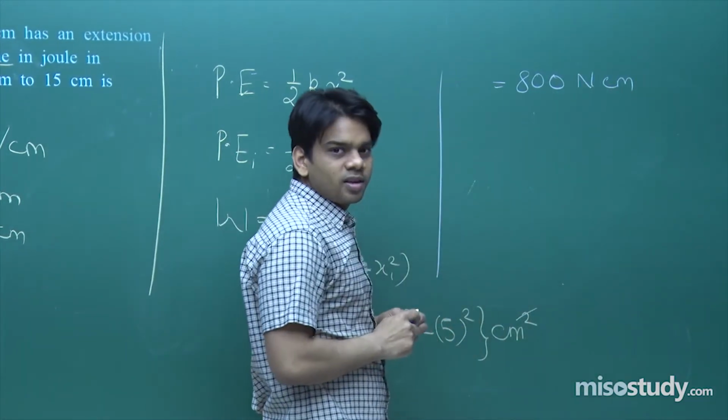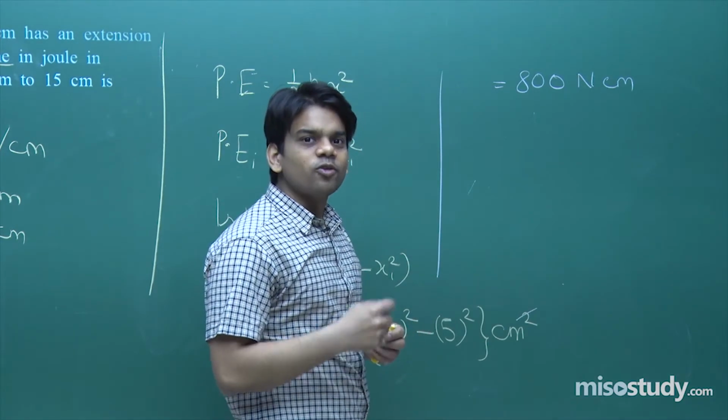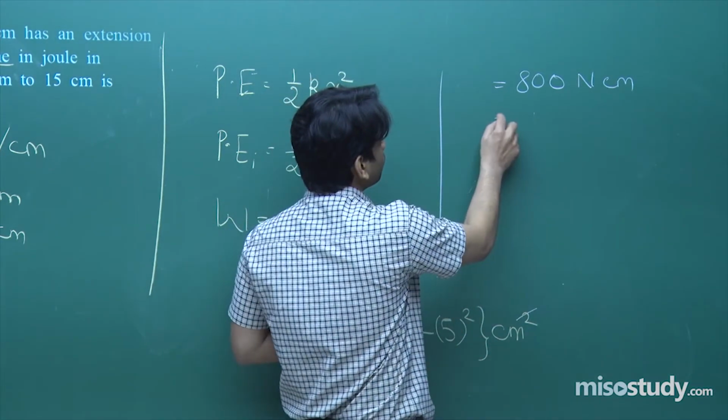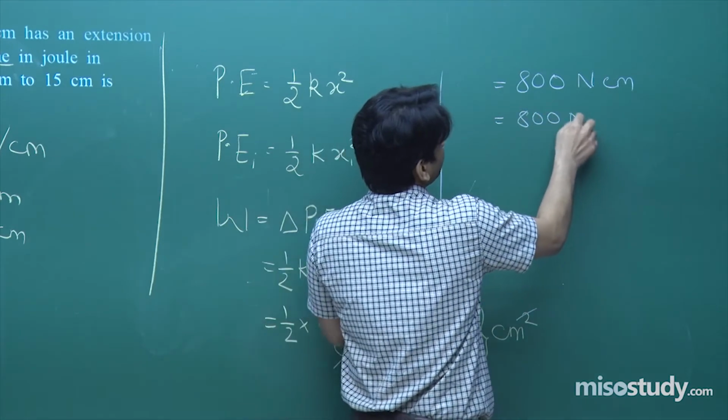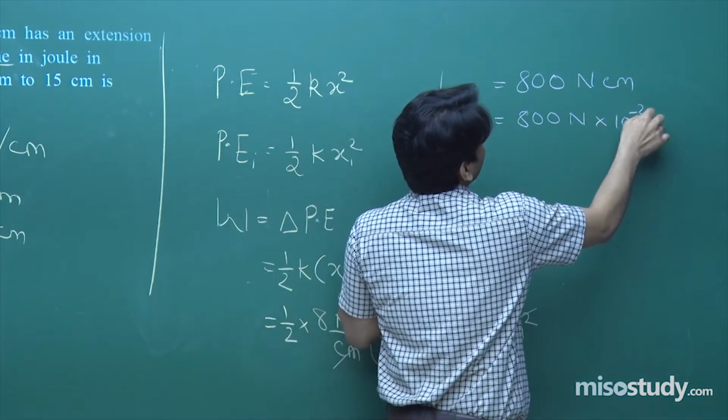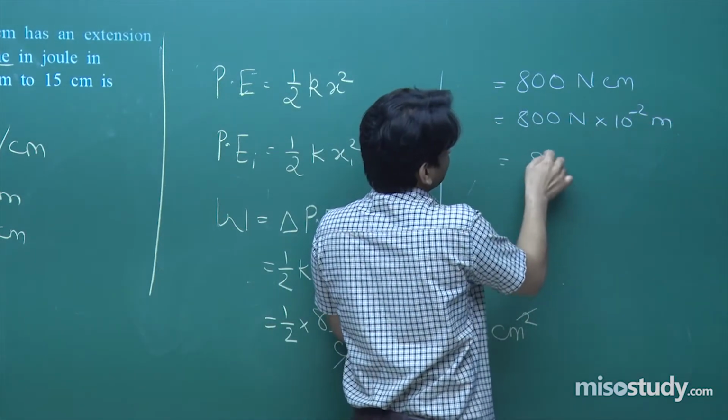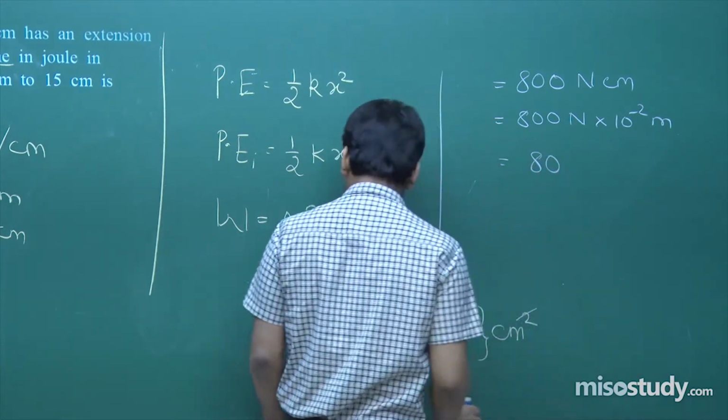First thing, centimeter can be converted to meters. You have to multiply by 10 to power minus 2. So 800 Newton into 10 to power minus 2 meters. So you will be having this as 8 joules.